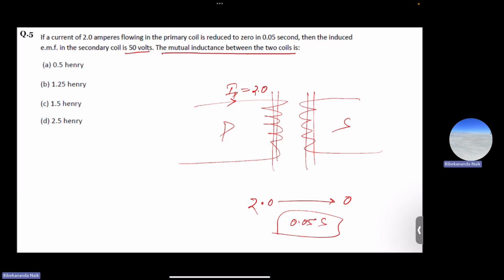Then what will be the induced EMF in the secondary coil? The EMF induced here is 50 volt. Then what is the value of mutual inductance? This is a question related to the concept of mutual inductance. I will give you a few minutes and then we will discuss.